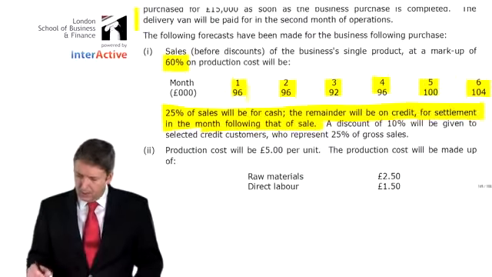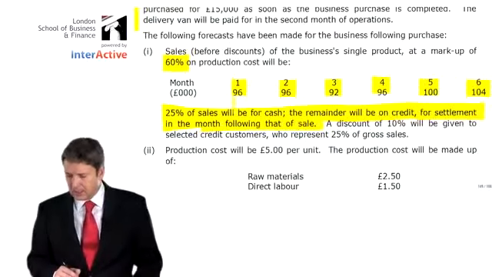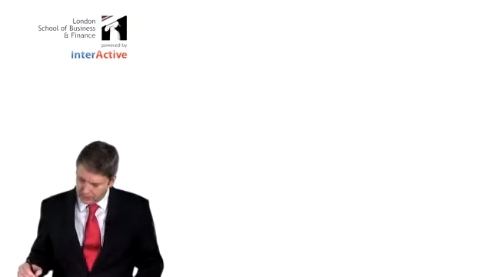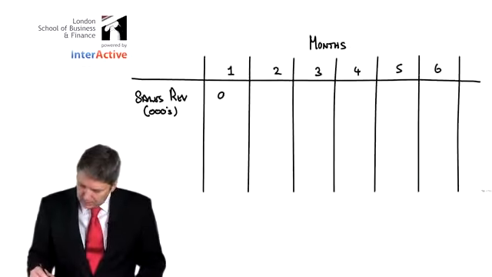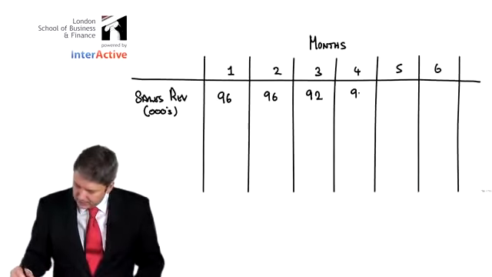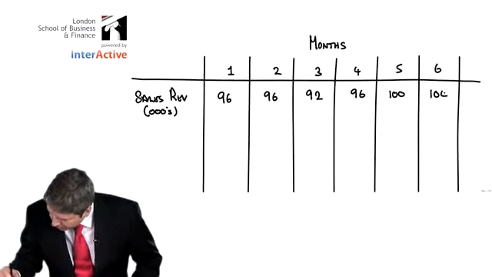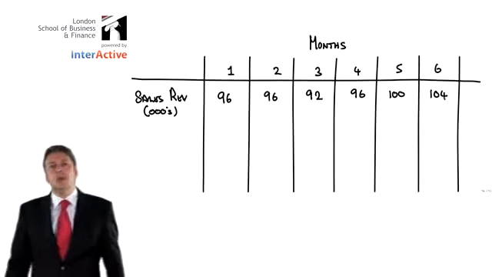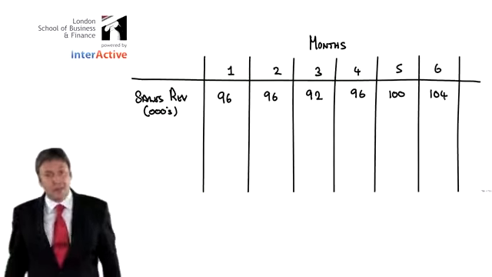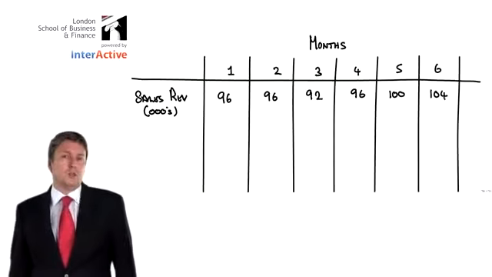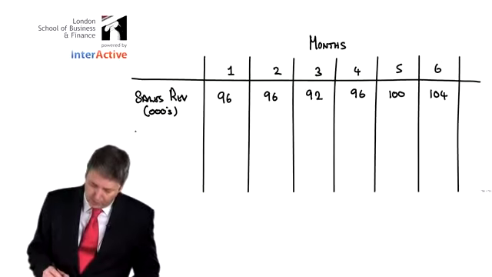So if we look at the sales revenues, we're going to take 96, 96, 92, and so on, and just slap it straight in there. 96, 96, 92, 96, 100, 104. Right. Now, given that we have those, what we now want to do is to understand what our receipts will be.